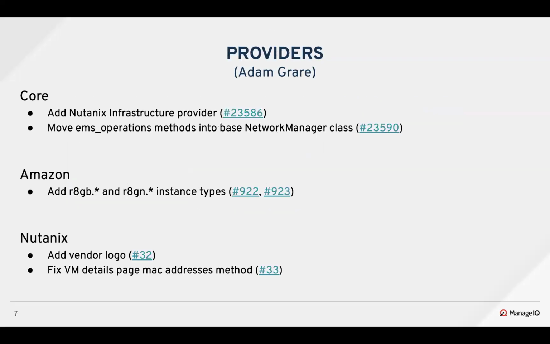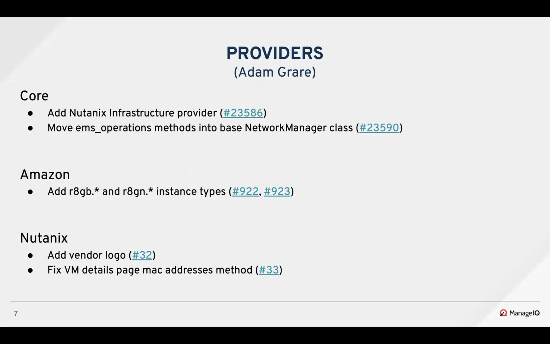Next is Adam. Thanks, Gilbert. For core this sprint, we added the Nutanix provider to the main gem file, so it'll be available to be added coming up in the next release. We also moved a number of EMS operations methods into the base network manager class.